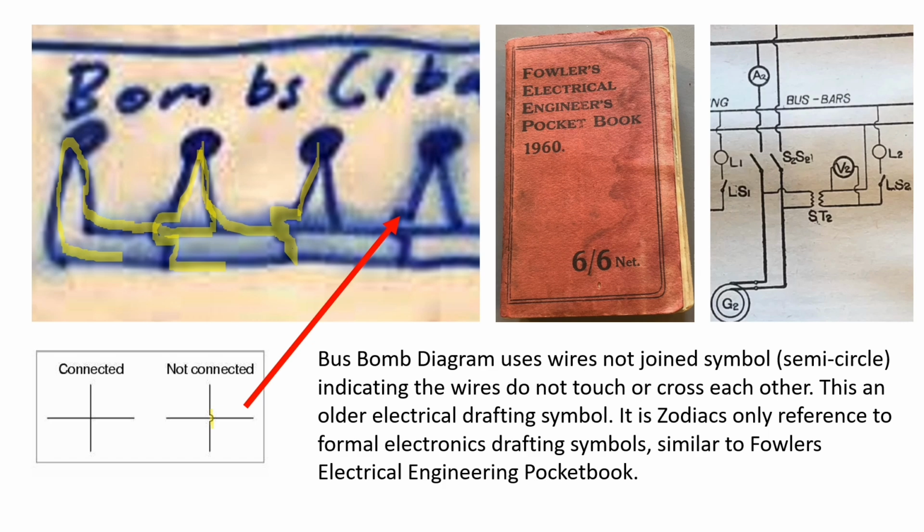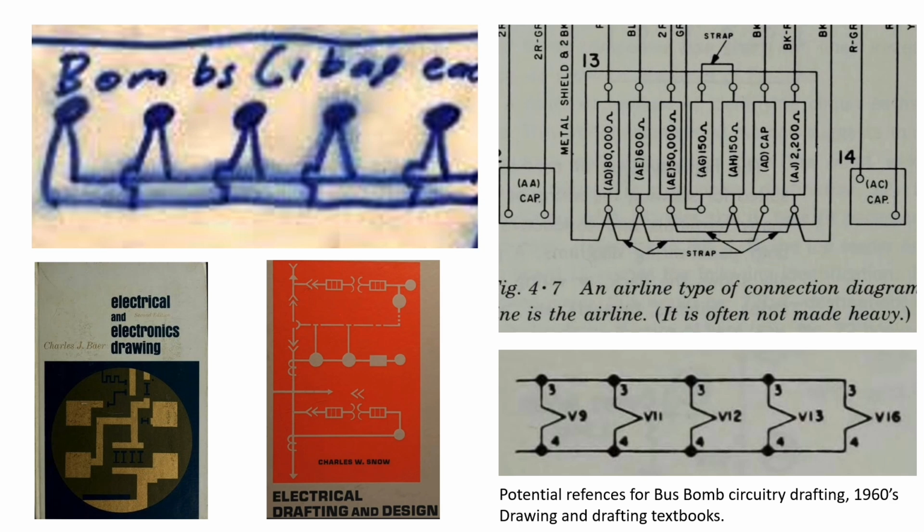So I did find some interesting stuff from particularly Fowler's Electrical Engineering Pocket Book, where you can see those connections. He's done that quite correctly. And then the only thing I could find really similar to these little triangle spacings is from electrical and electronics drawing, and also from these electrical drafting and design textbooks, which were from the 60s, possibly other editions published earlier.